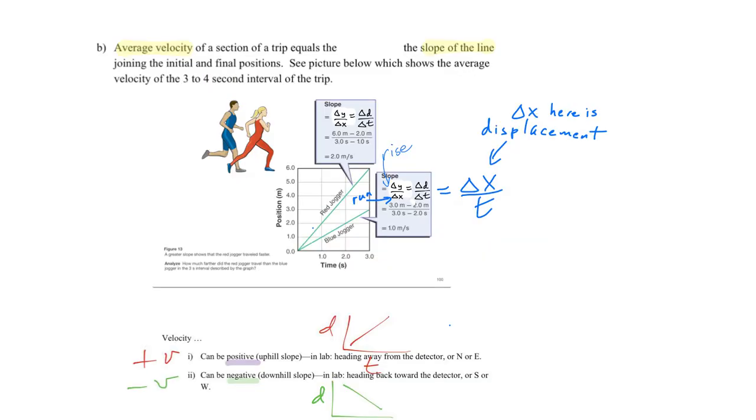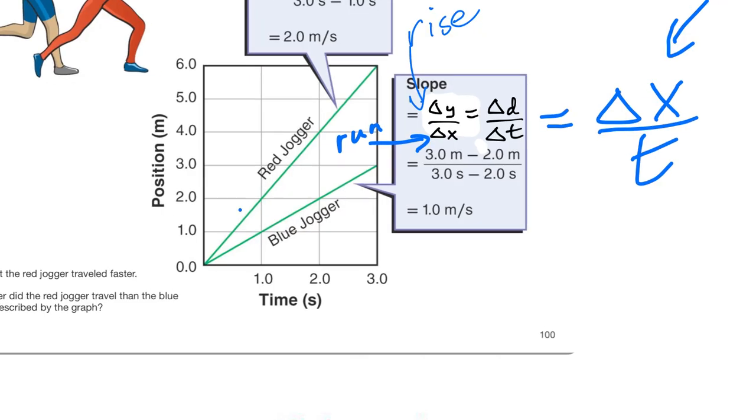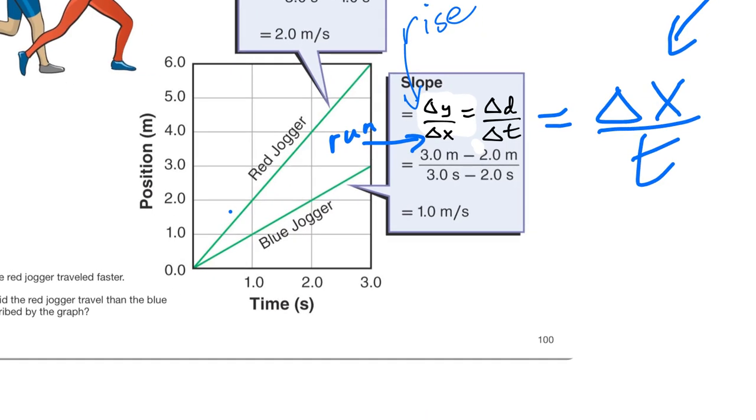So if you look at this graph right here, this is a position versus time graph of these two runners. Okay, so slope means the velocity, right? So which of these runners is moving faster than the other, the red runner or the blue runner?